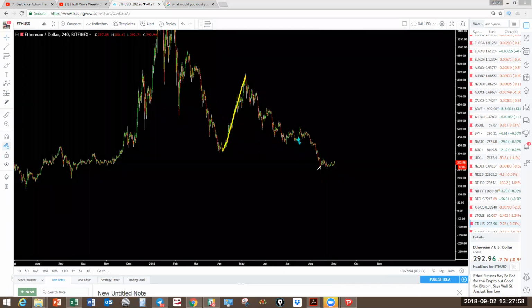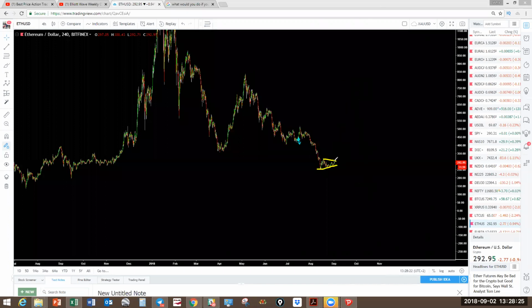I don't know if I'm still very confident that it will come back to that level. We've got an impulsive move down to the upside, and this has now broken this level. Can this now make an expanding flat to go and retest that level, or a running flat, giving us a 1, 2, 3 down, 1, 2, 3 correction, and a 1, 2, 3 down? That is what we need to wait for with this structure.